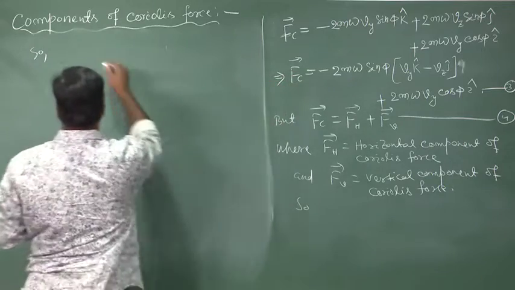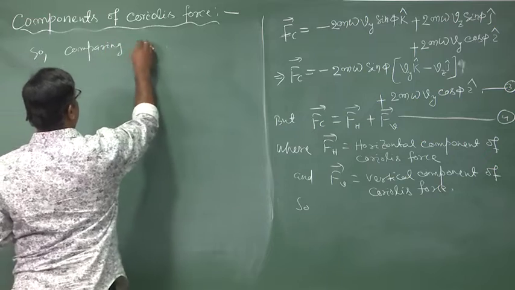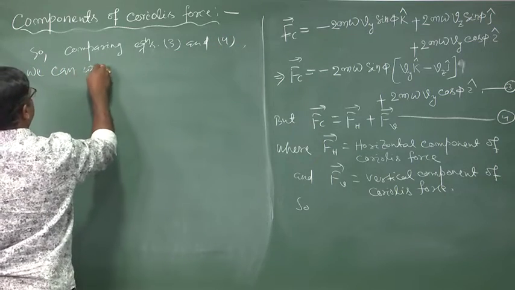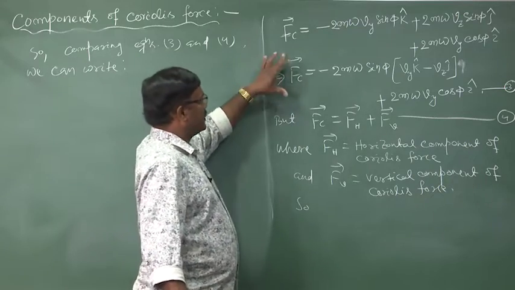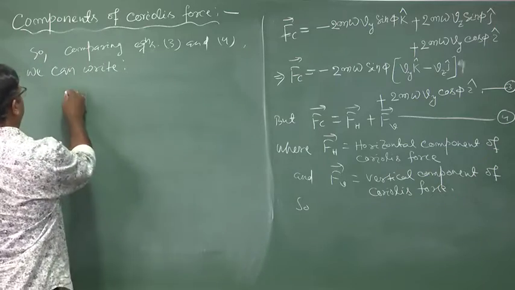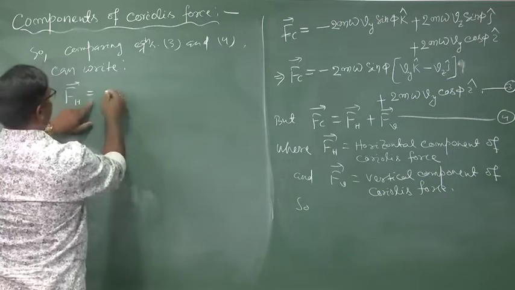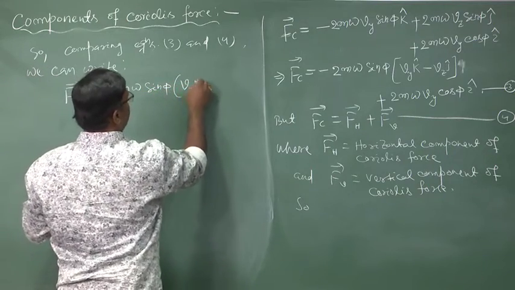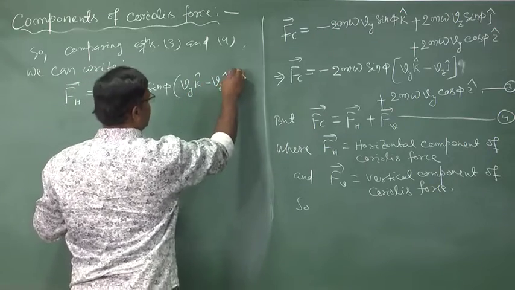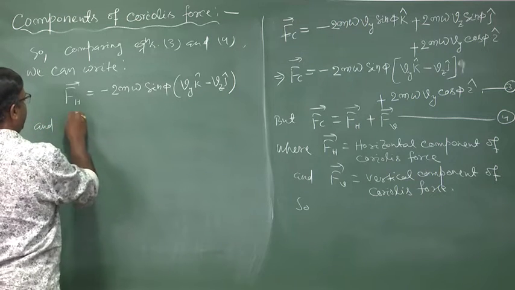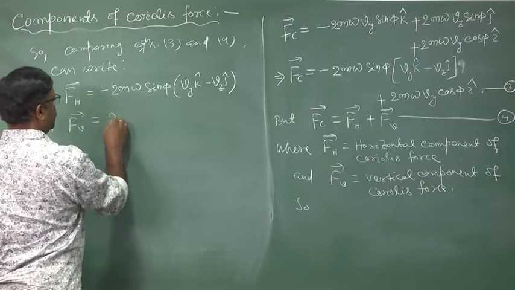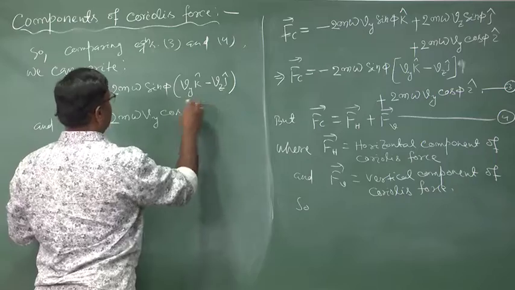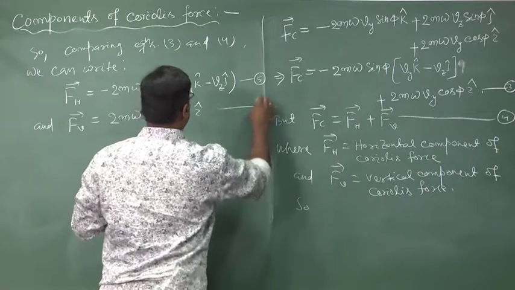Comparing equations 3 and 4, we can write Fh is equal to minus 2m omega sin phi (Vy k cap minus Vz j cap), and Fv is equal to 2m omega Vy cos phi i cap. This is equation 5 and this is equation 6.